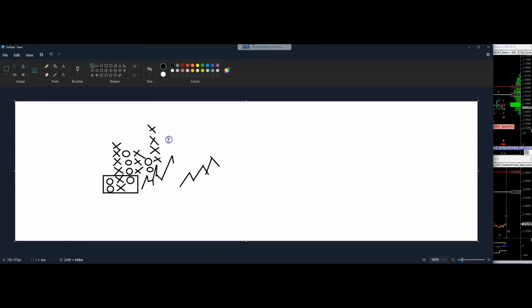And your objective is basically to catch this. In order to catch that, typically it needs to pull back into this area. Why? All the orders are taken out, cleaned out, filled up, tested, and boom, rally.